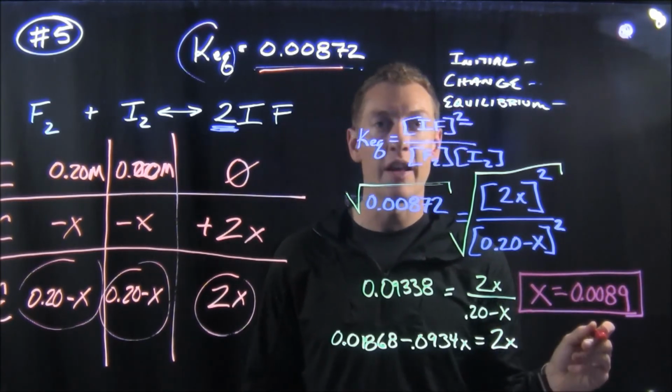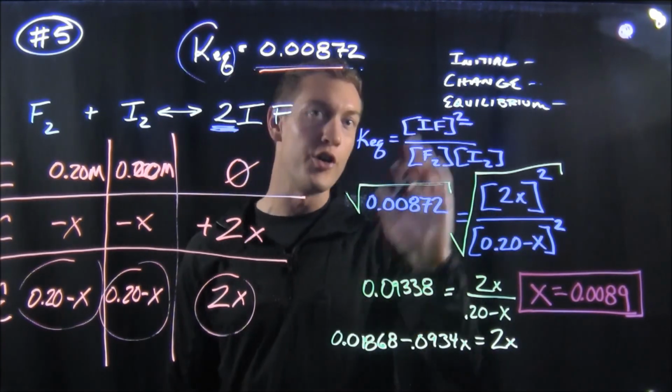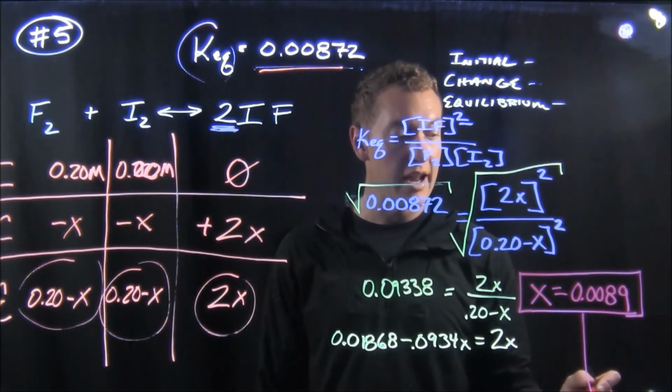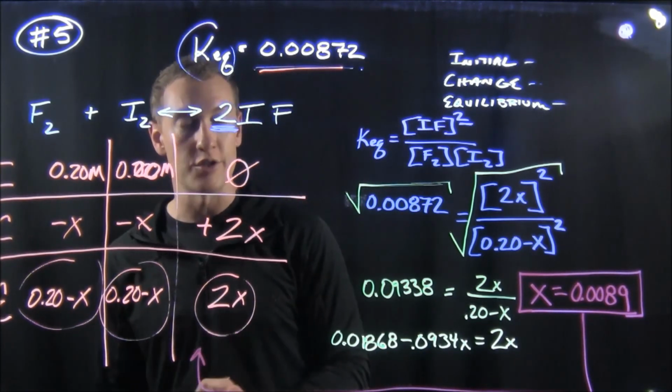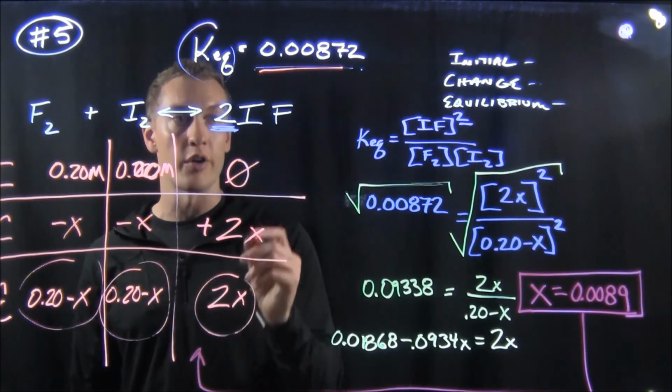Now, the x value isn't really an answer. I mean, it was the answer to our unknown from this whole series of work, but it's not an answer in the fact that it's not one of the concentrations at equilibrium. So we're going to take that x value, bring it back over here.